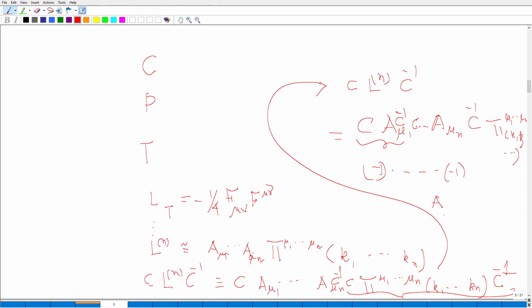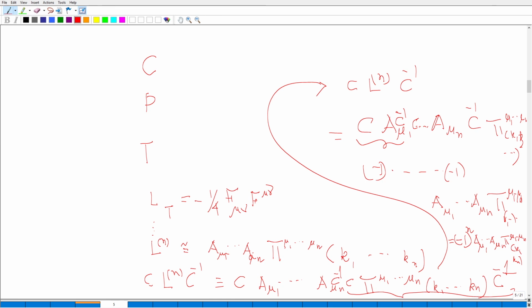Then comes A mu 1 to A mu n, Pi of mu 1 to mu n, k 1 to k n, and the sum total of this action is minus 1 to the power n times A of mu 1 to A of mu n times Pi of mu 1 to mu n, function of k 1 to k n.